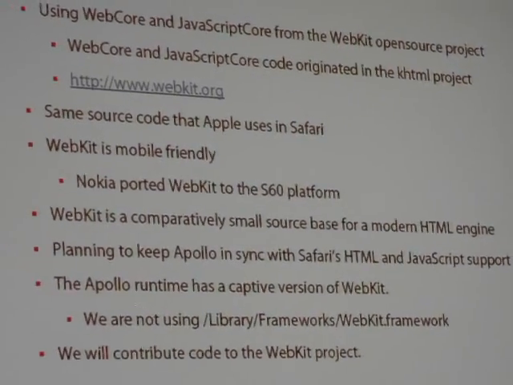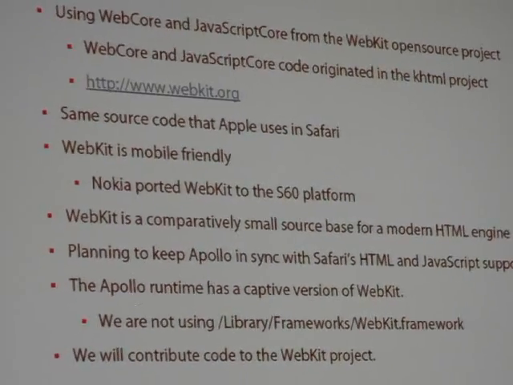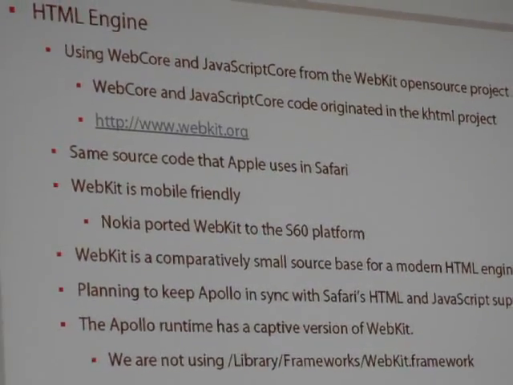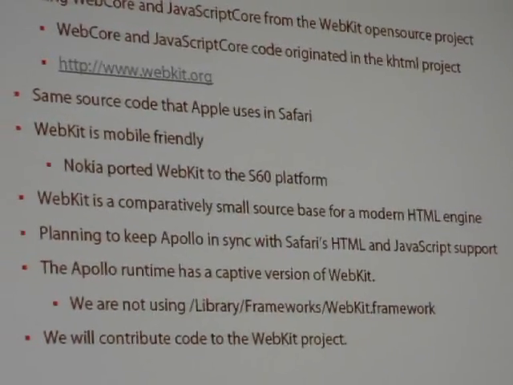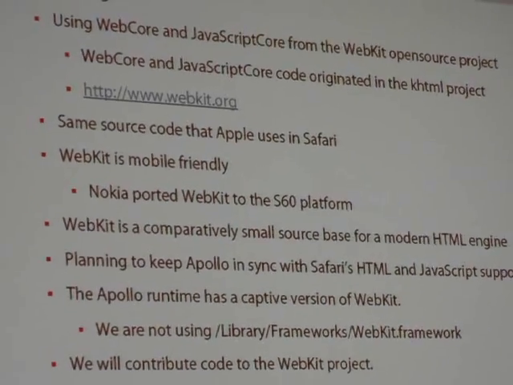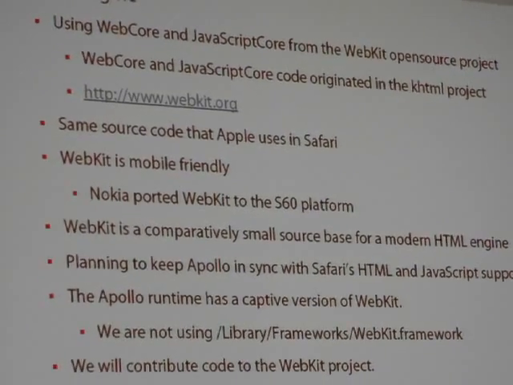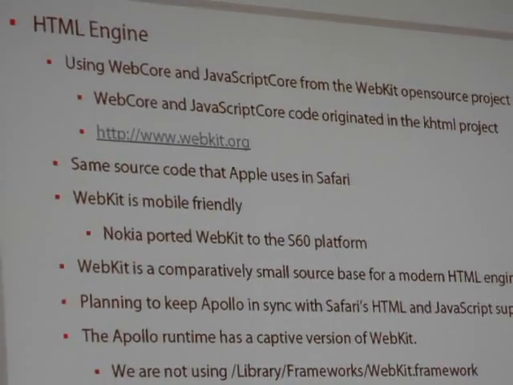And so that holds out the promise to Adobe and to our developer community that we can share an HTML engine between mobile devices and the desktop. We also, when we were looking at WebKit, we were able to understand the source code. It was relatively clear to us what the touch points would have to be for the modifications we need to make WebKit work for Apollo.